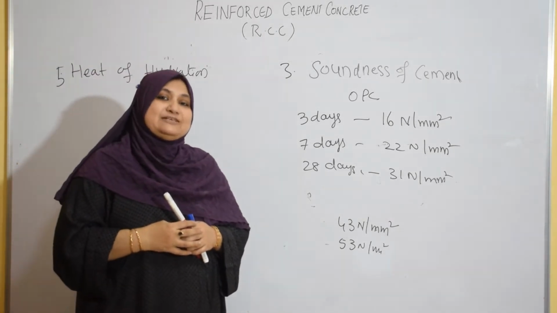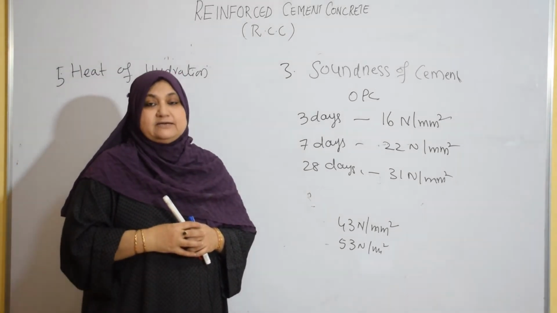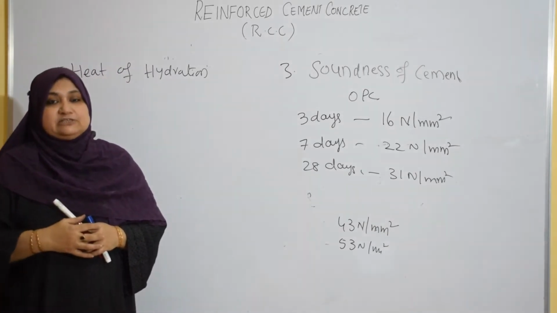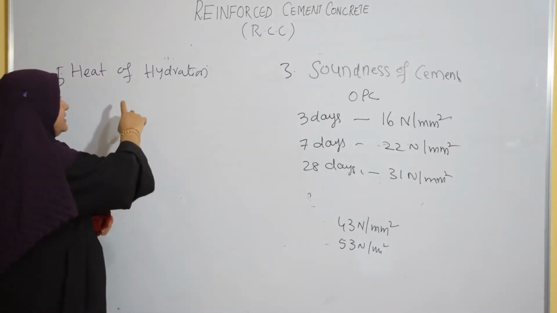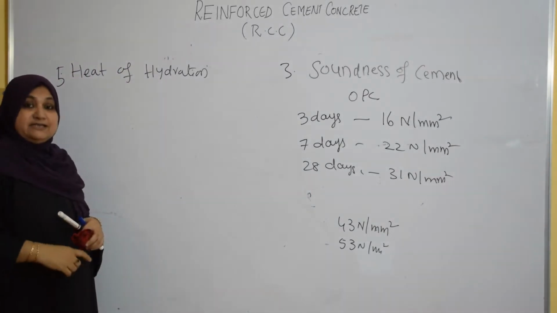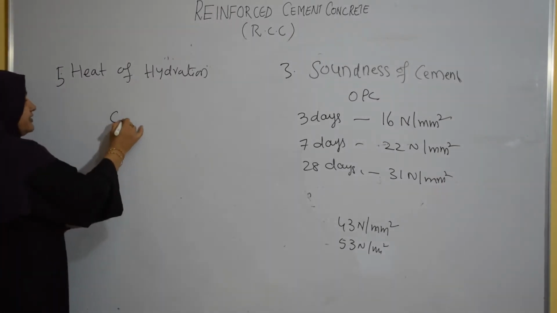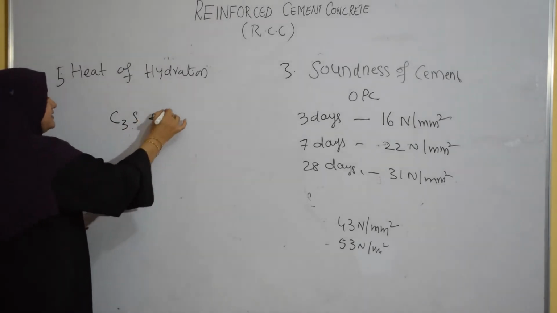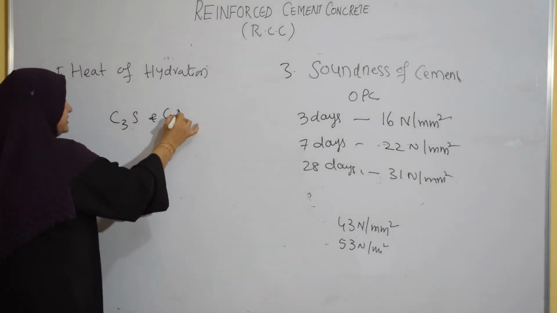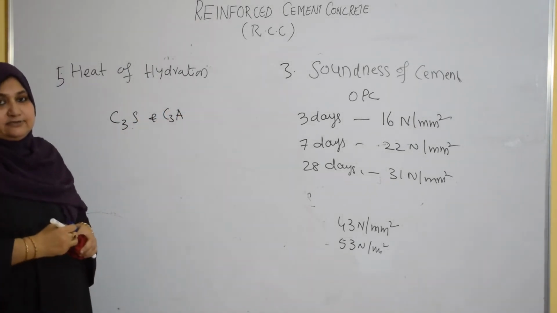That will be an exothermic reaction, right? Whatever amount of heat is involved in this reaction, that heat is called heat of hydration. This heat of hydration is mostly influenced by the proportion of tricalcium silicate and tricalcium aluminate, C3S and C3A.